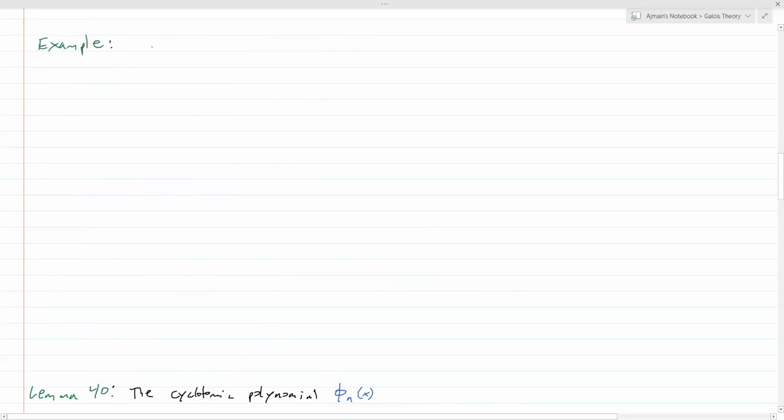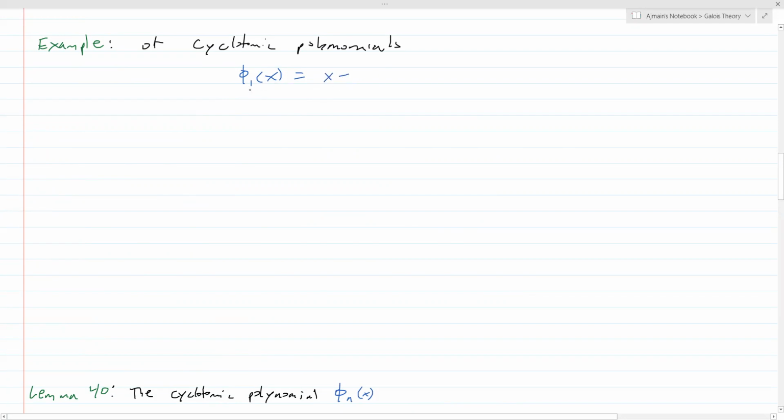So these are examples of cyclotomic polynomials. First of all, what is phi 1 of x? Well, you're taking the product of the monomials x minus a primitive nth root of unity.